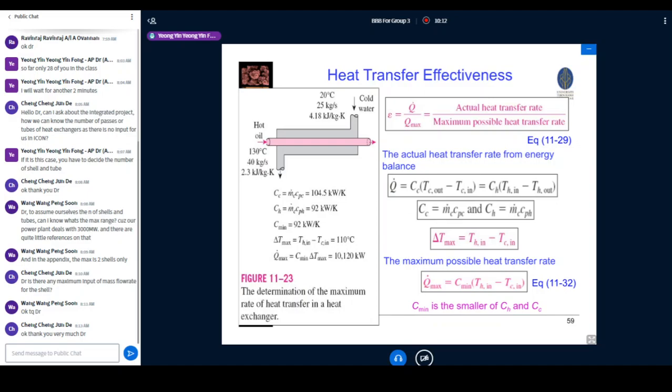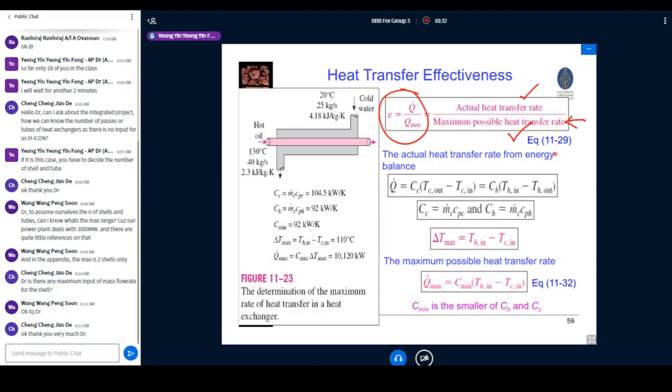The effectiveness is the actual heat transfer rate divided by the maximum possible heat transfer rate, meaning that this one is the ideal case which the heat exchanger could not achieve; it is only the possibility. Then with the actual heat transfer rate, you will get the effectiveness. So in the heat exchanger chapter, this is not emissivity, students.